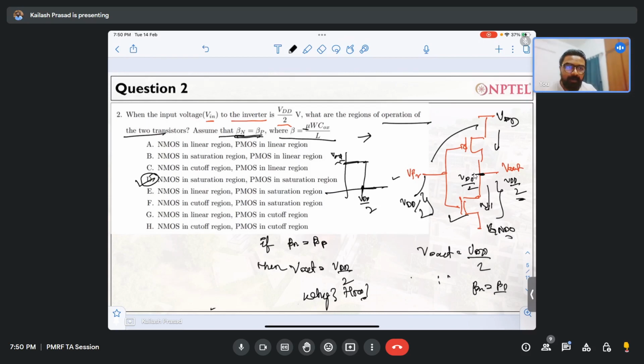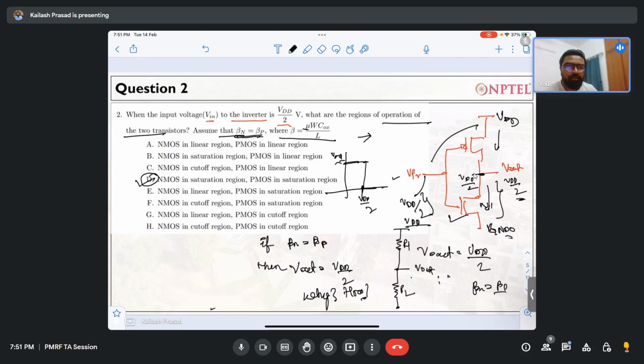So I can approximate this particular circuit like this, only for this particular purpose. It won't behave like this in general, but in this particular situation it will, and this is R1, this is your R2, and this is your V out, this is your VDD.